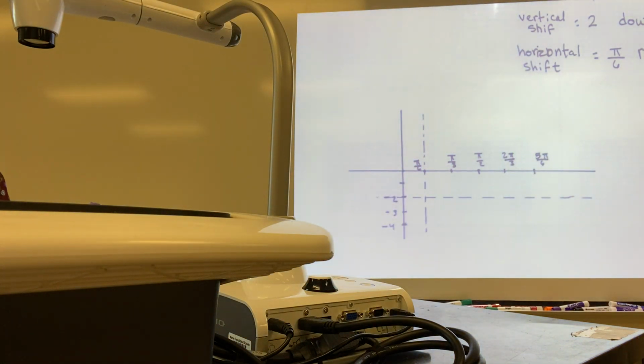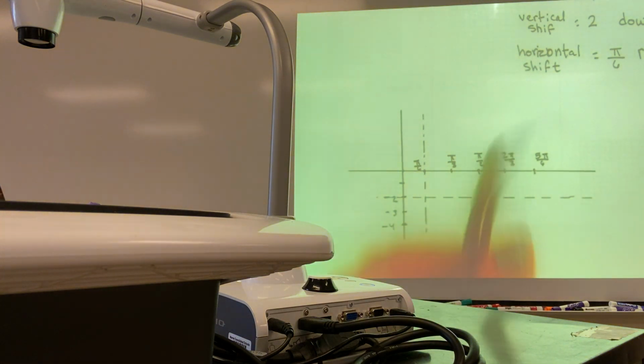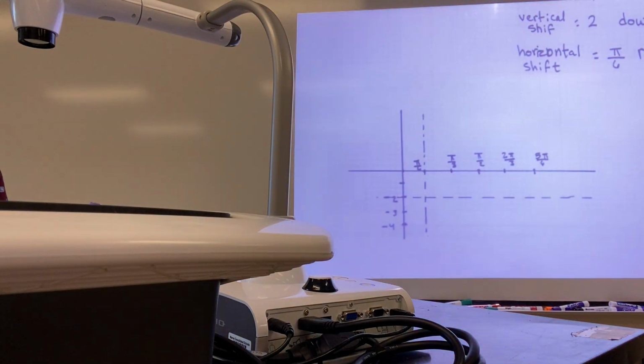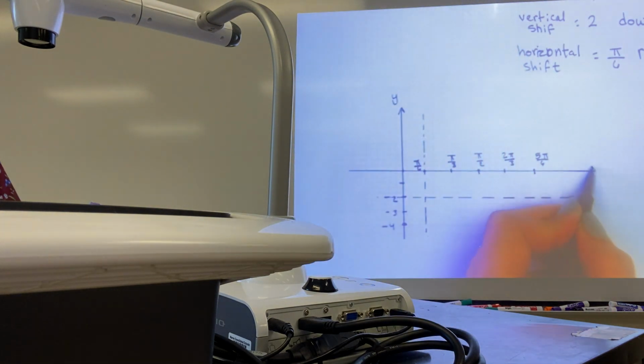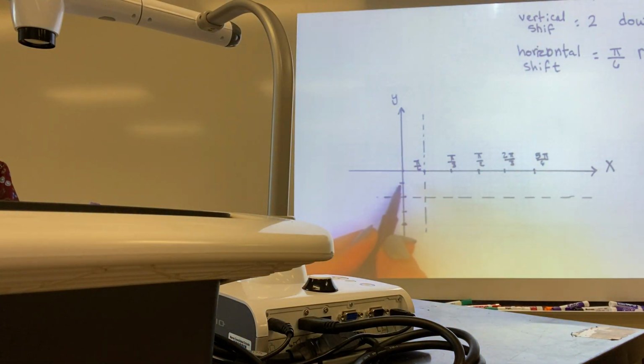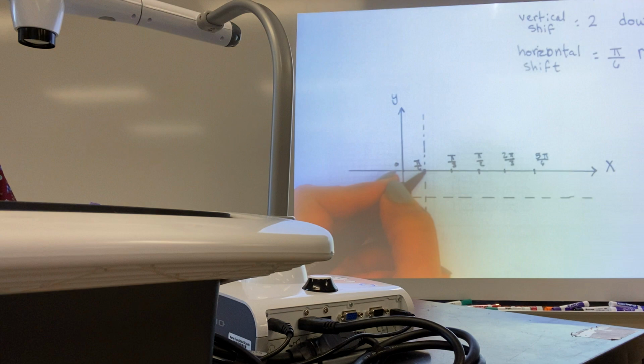Okay, let's take values of x each time, plug it in the function, and take the cosine, multiply by 2, subtract from 2. When x is pi/6, this is y, this is x, this is the 0. When x is pi/6, it should give you a 0.